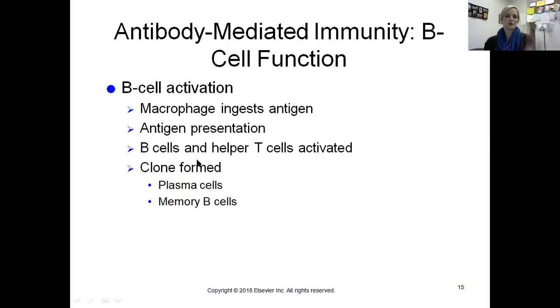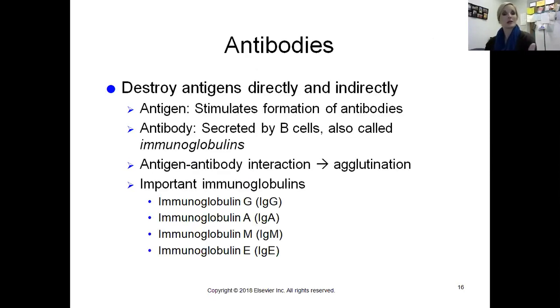So we have what's formed: plasma cells, which again derive from the plasma, and memory B cells, which are going to be able to remember when we've been exposed to certain things. So there's different types of B cells. The big thing to know here is the difference between cell-mediated immunity, which is the involvement of those T cells, and antibody-mediated immunity, which is the involvement of those B cells, which will then stimulate, again, the production of more antibodies.